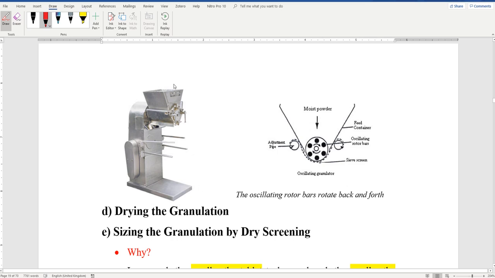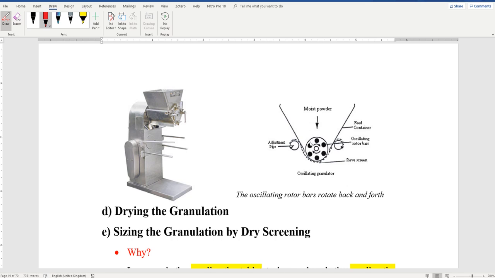Okay? If you look here, we will add the wet mass, and then here we put the tray to receive the granules, and inside this one there is what we call an oscillating granulator.